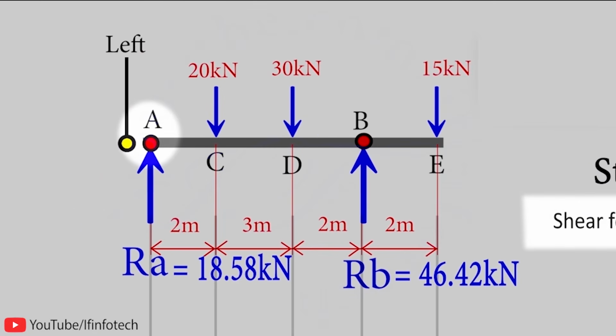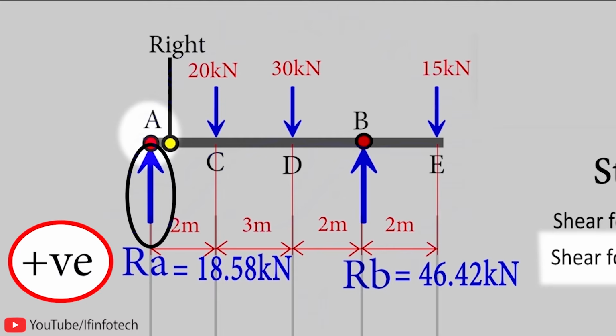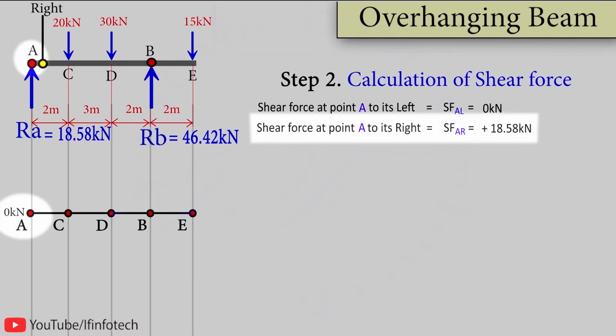Now if I go to the section to the right of point A, that is SF at A to the right, then there is upward force, that is reaction force Ra, which is 18.58 kN. So as per sign convention, upward forces is treated as positive. So here the shear force as plus 18.58 kN. And in this case, value of shear force at point A to the right is positive. Therefore I mark vertical line of 18.58 kN.